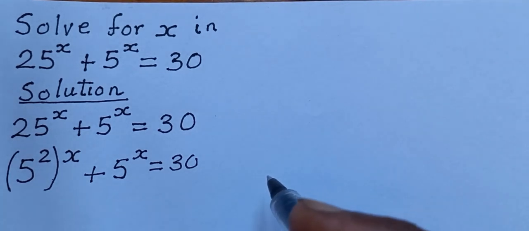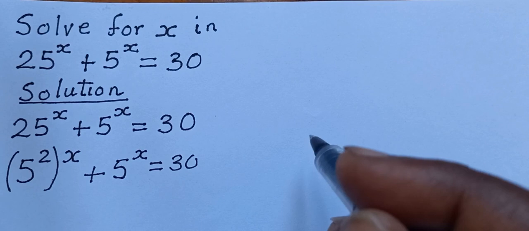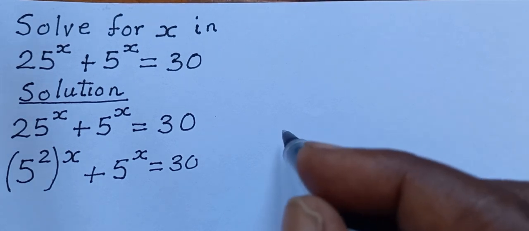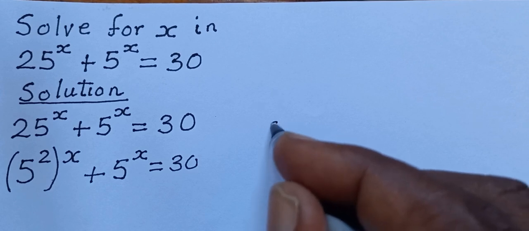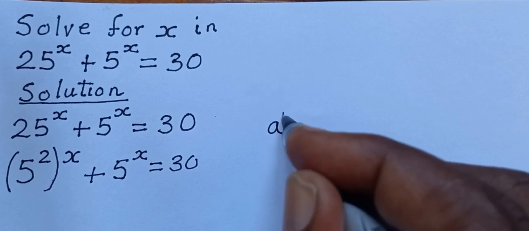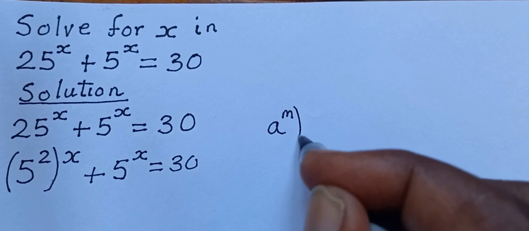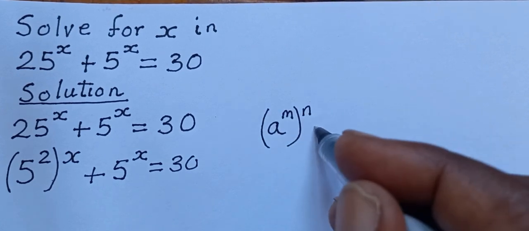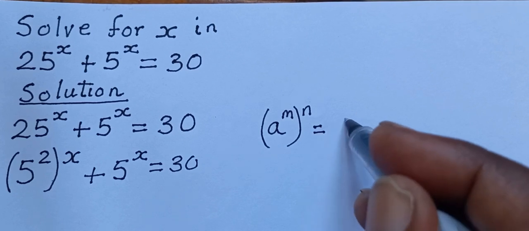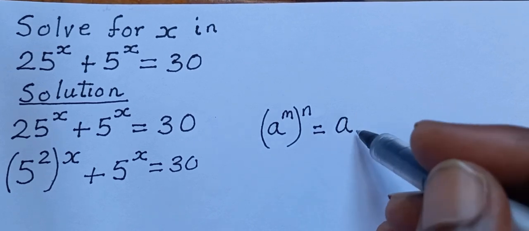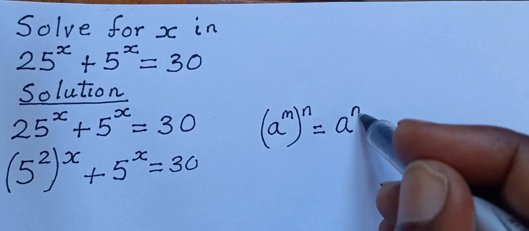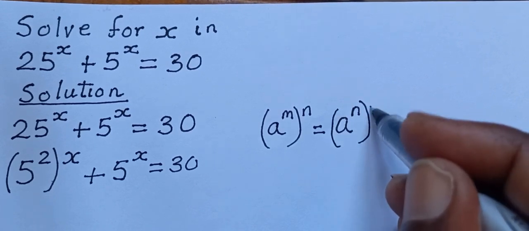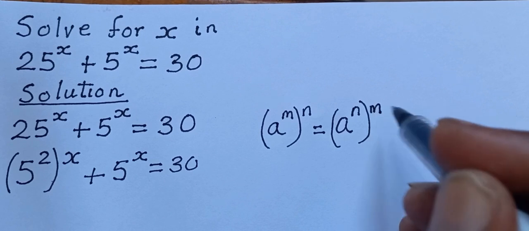In this case, let us use the law of exponent, which is the power rule. It states like this: (a raised to power m) in the bracket raised to power n is equal to (a raised to power n) in the bracket raised to power m.